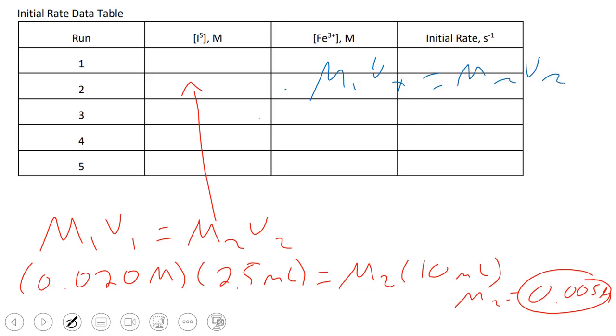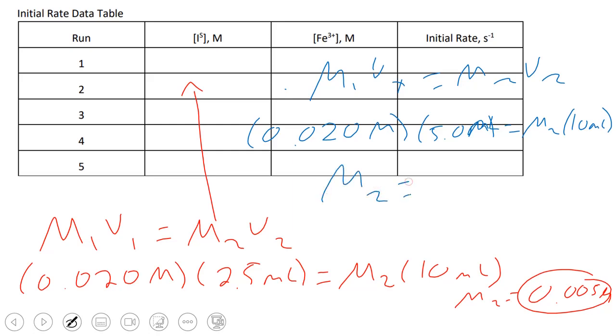We plug in 0.020 molar times 5 milliliters equals M2 times 10 milliliters. Again, if we rearrange this algebraically and take 0.020 times 5, divide that by 10, we find that M2 for the iron equals 0.01 molar.